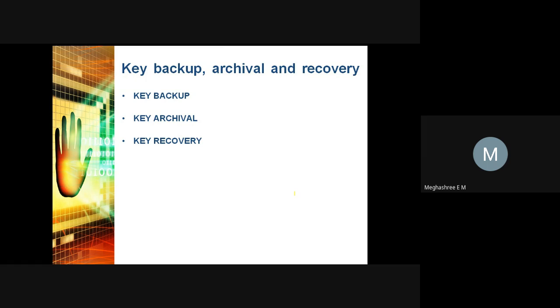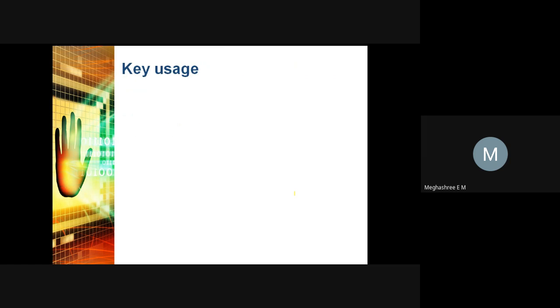So next is key usage. The next phase of the key life cycle is key usage. We studied till now the generation, establishment, and storage of cryptographic keys in the key life cycle, right? So it is very important to specify the key usage.